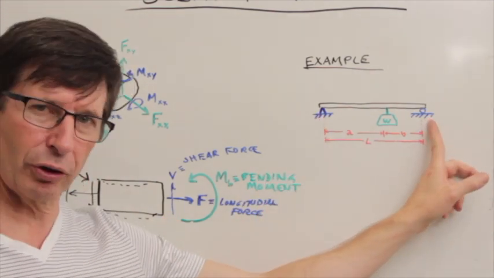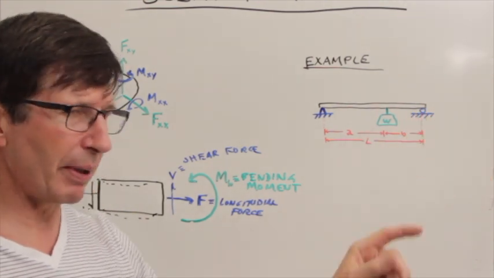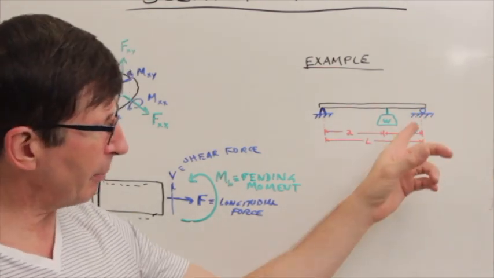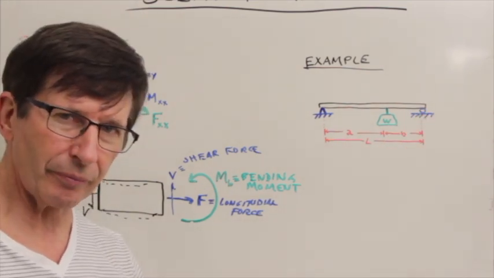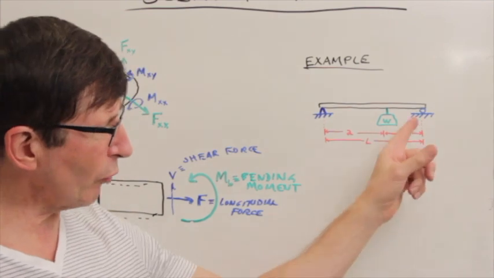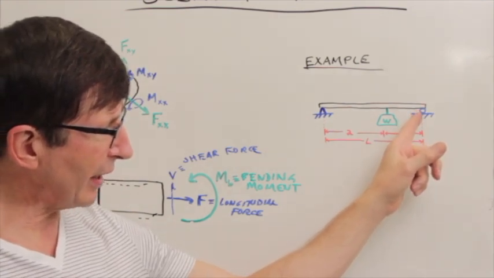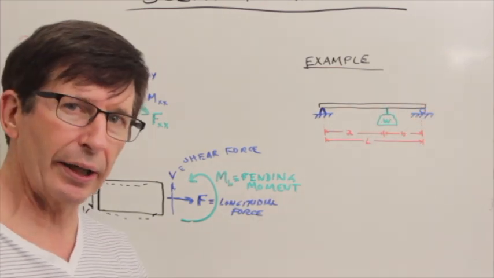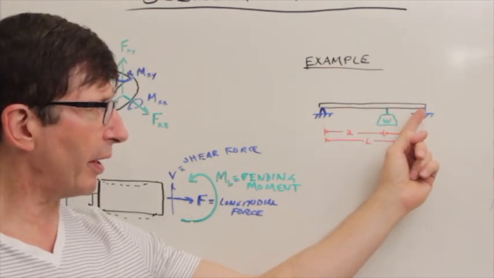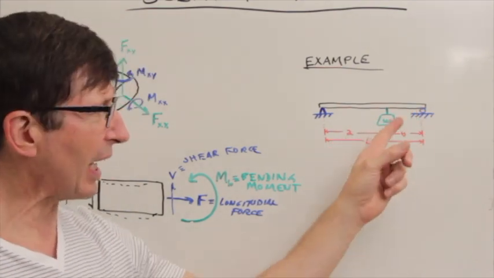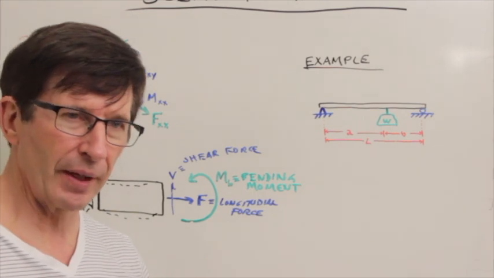The other side I've drawn a little differently. This is a roller. So just like you would imagine a rolling pin, I put that between the beam and my rigid surface. It constrains motion from happening in the y direction, or perpendicular to this surface, but the roller sense means I will allow motion in the x direction.